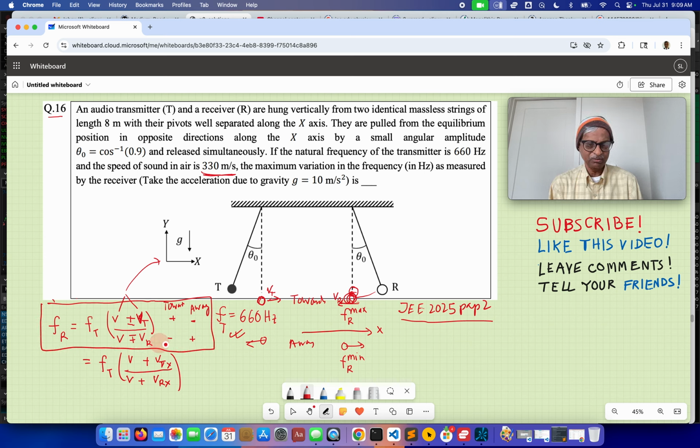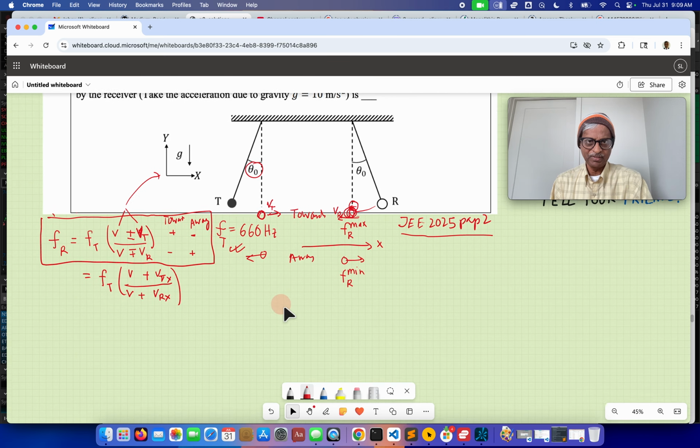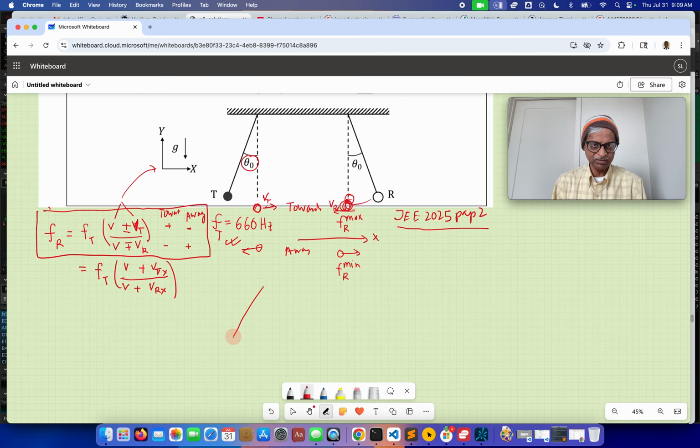Okay, so we need to figure out the speeds. We don't need to work out both of them because the angle is the same. So for speed, just do energy conservation. We want to pick the speed at the bottom. That's the level, with theta 0 here, and this is where the bottom level is. This is the height that has dropped. This is L, and this part is L cosine theta.